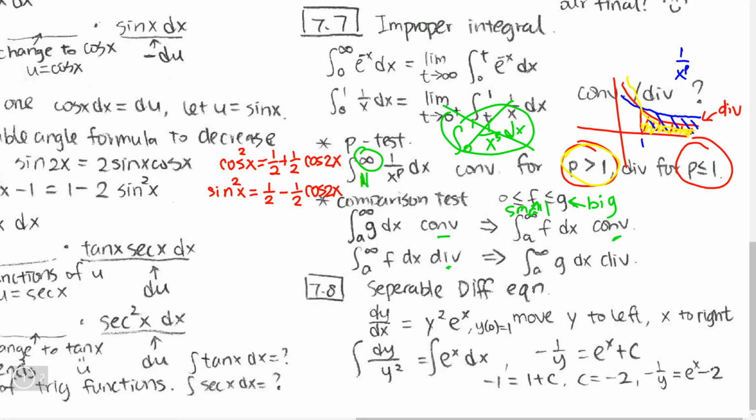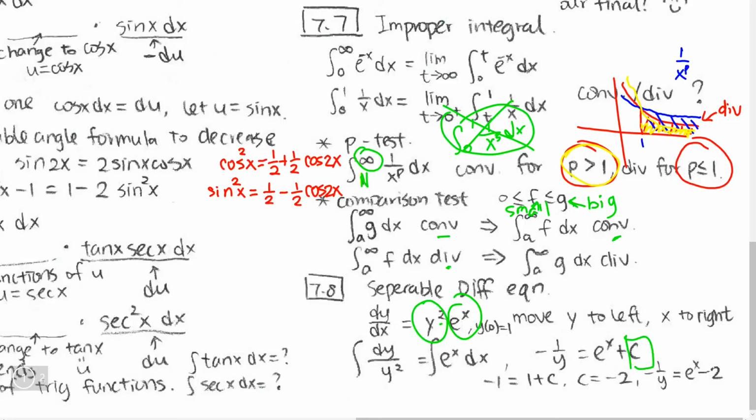Lastly, section 7.8, we talk about separable differential equations. What you do is you first express the right-hand side as a product of a function of y and a function of x, and then you move the y to the left and keep the x on the right. After you do that, you can integrate both sides respectively, and you have a constant.